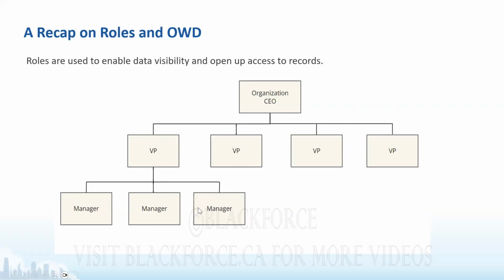All data or records that belong to a manager would be visible to the VP. And all data owned by the VP and the managers under them would be visible to the CEO. So that's how data access works in a role hierarchy like this.